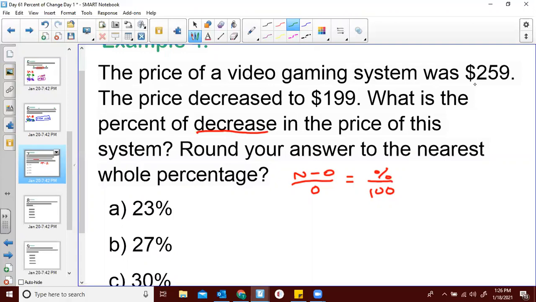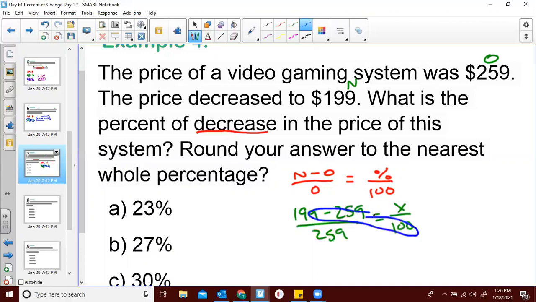The price of a video game was $259, and they decreased it to $199. So $199 is going to be my new number, and my old number is going to be $259. All right, and again, you just plug it in and cross multiply, divide by x's partner, and you'll see that x is going to equal negative 23%.